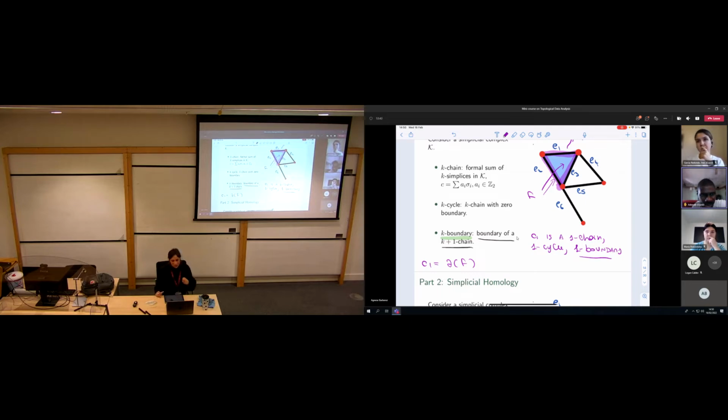We already know that this is a cycle, but it doesn't really matter. The point is that in this context, C1, this violet thing, is the boundary of the face F, because in K, in my simplicial complex, I have a two-simplex whose boundary is exactly this chain C1. Does it help?